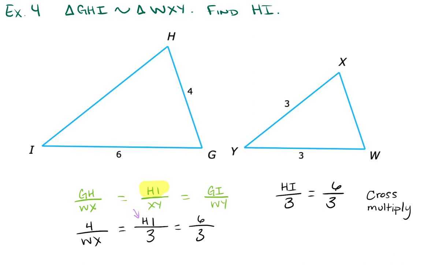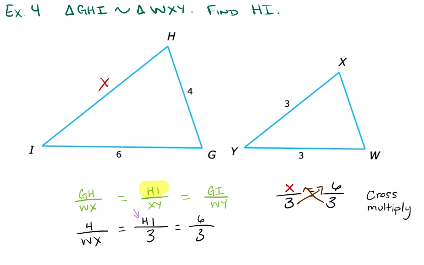And for the sake of this problem, I'm going to go ahead and define HI as the letter X. So when I set up my proportion, I'm going to change HI to the value of X, so that it is a little bit easier to work with. Now we're going to cross multiply. We're going to go in diagonals.